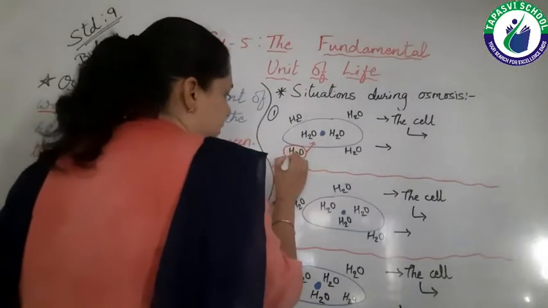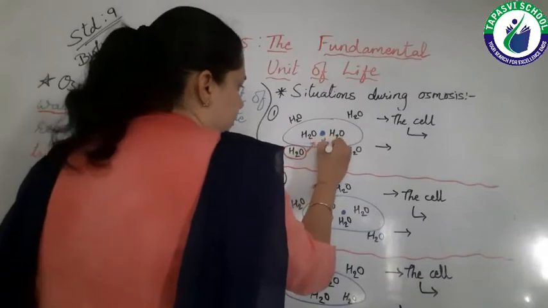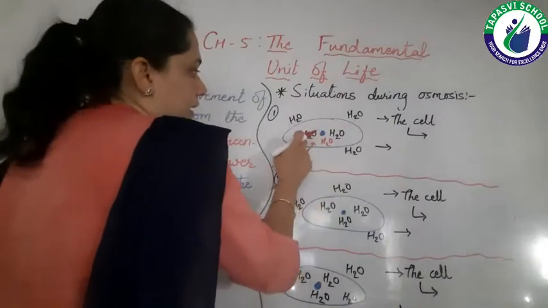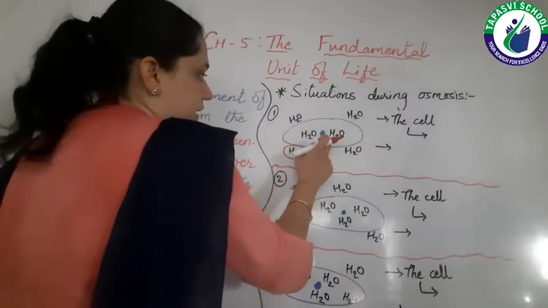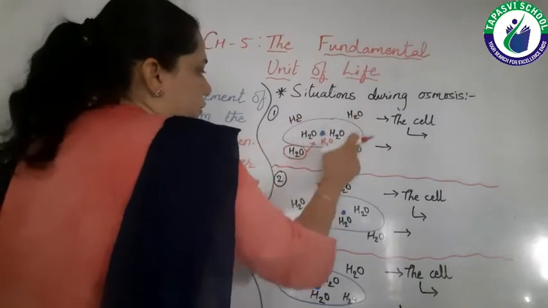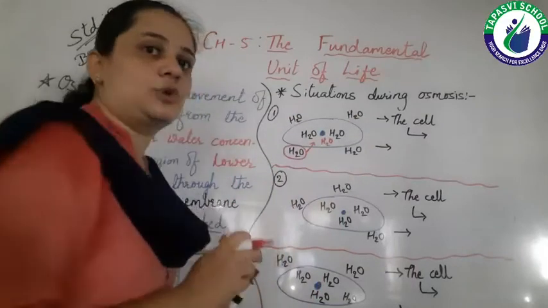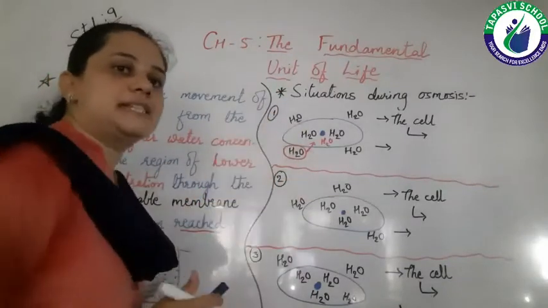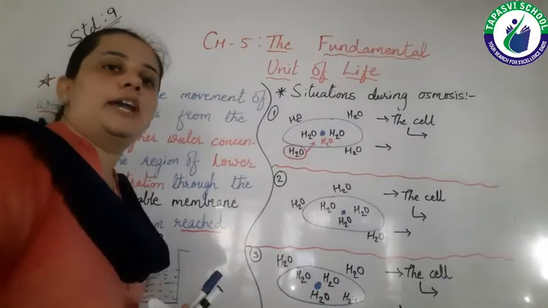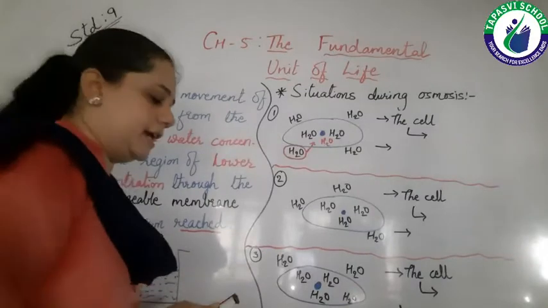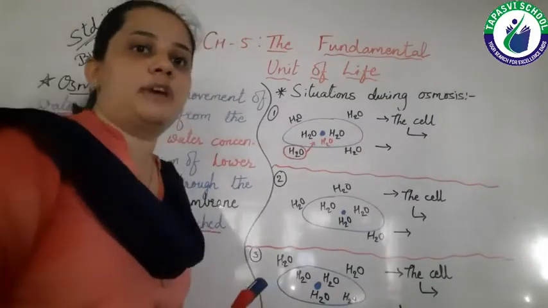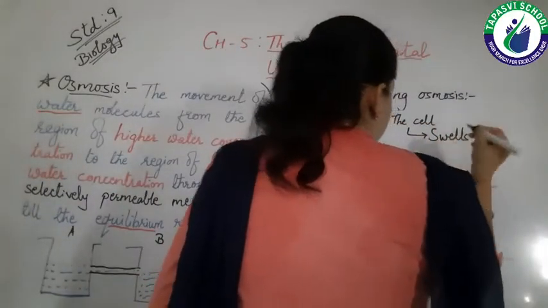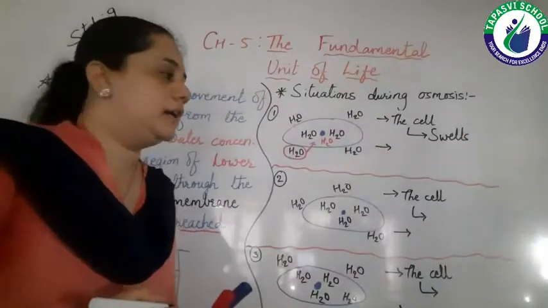This molecule will move inside, because as it moves inside the equilibrium happens: 3 water molecules inside the cell and 3 water molecules outside the cell. So equilibrium reached, right? As the water moves inside the cell, what happens to the cell? Yes, you are right, the cell swells. So swelling of the cell will happen.